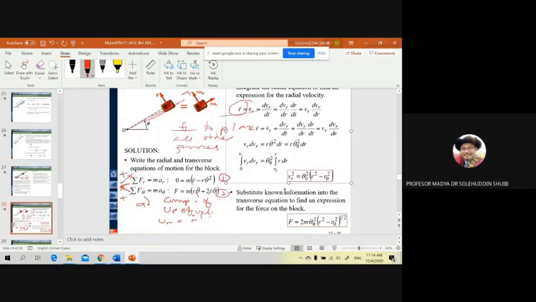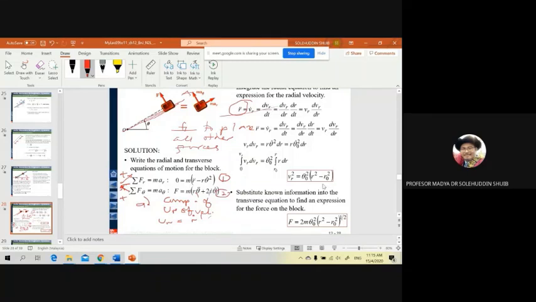Then you get the value of V_r square equal to theta dot square times (r square minus r0 square).